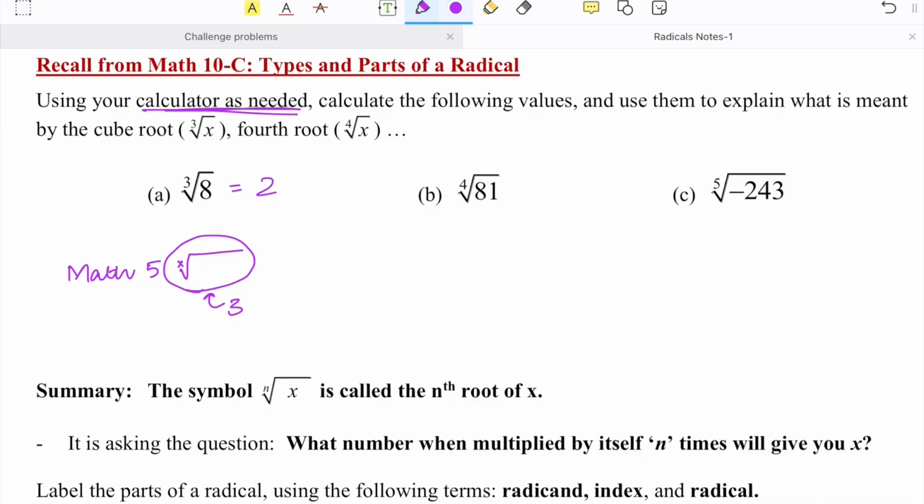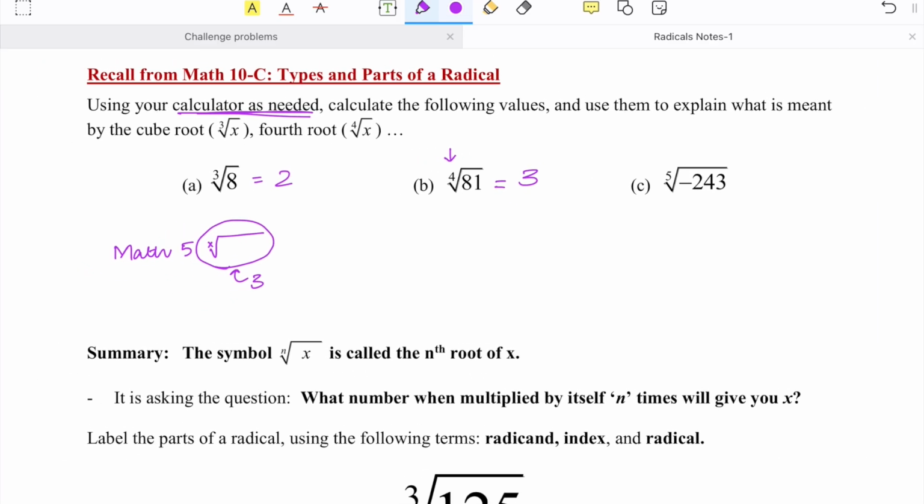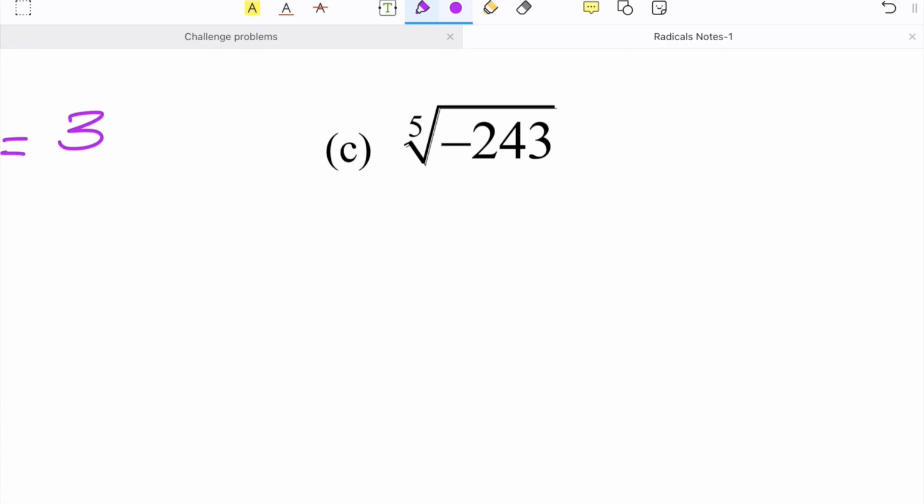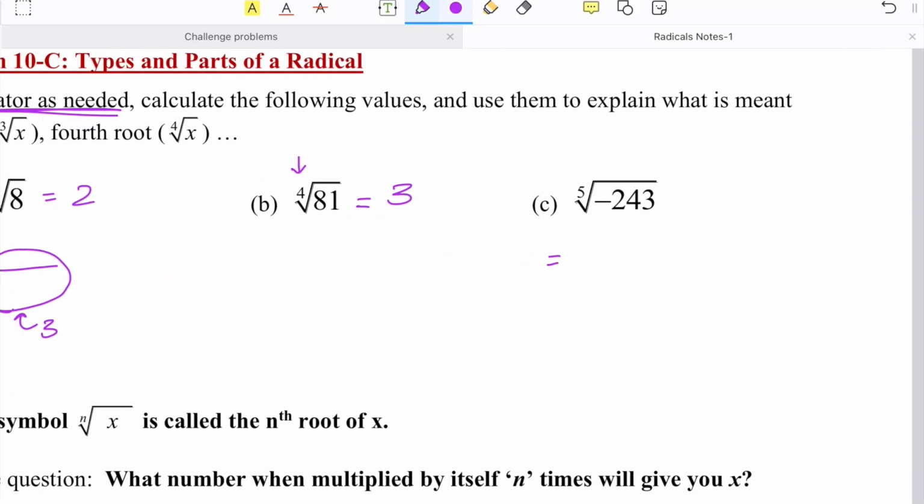Try putting this in your calculator. And your answer would be 3.